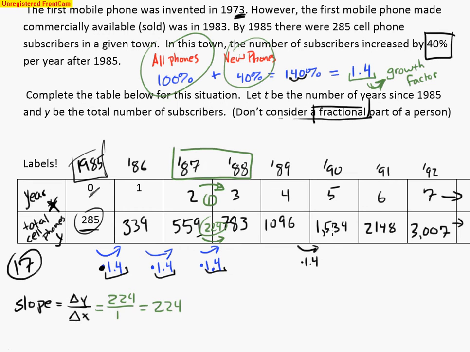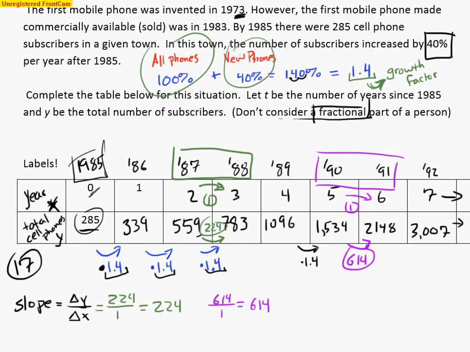It wants to compare that with the change in the slope between, I believe it was 90 and 91. Again, this is only changing 1 year, but this is changing a lot. 2,148 minus 1,534 is going to be 614. So I have a change of 614. So now my slope is going to be 614 over 1, which is, again, 614.